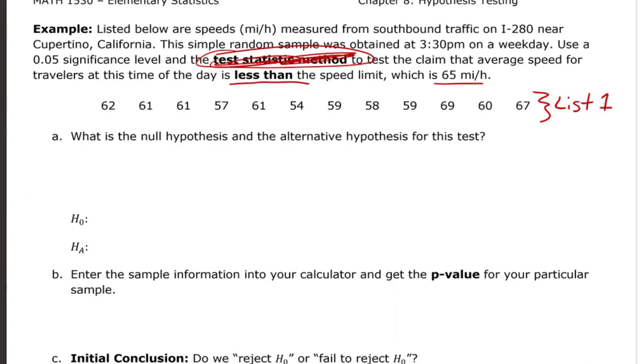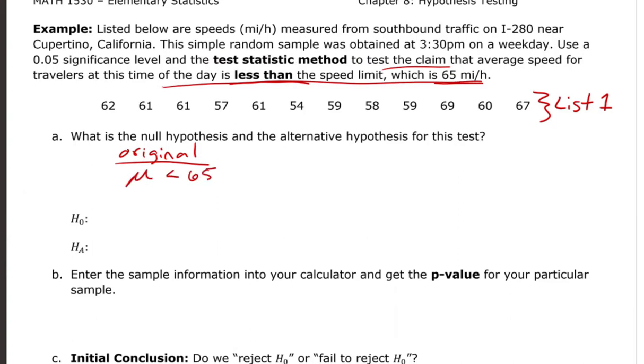But we want to write down our null and alternative hypothesis for this test. So for the original claim, I'm just going to do my original and my opposite. We're testing a claim that the speed limit is less than 65 miles per hour, so we want to do mean less than 65.